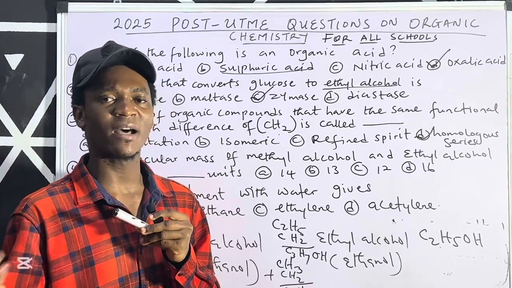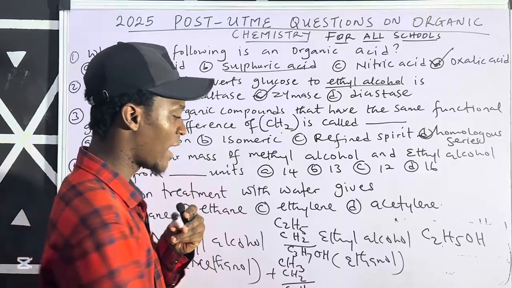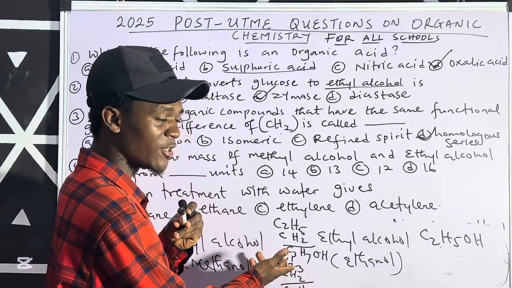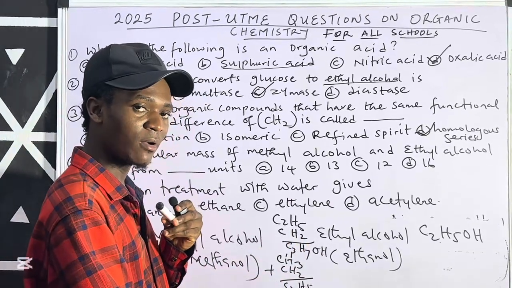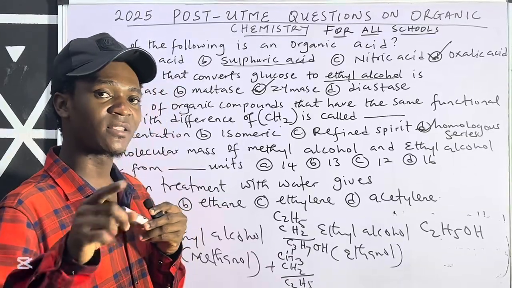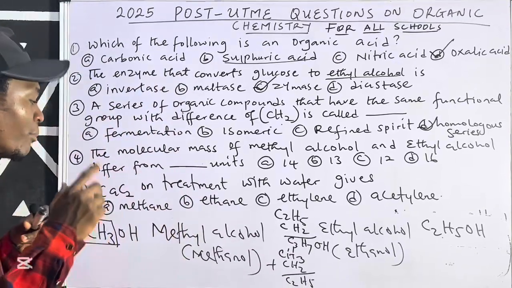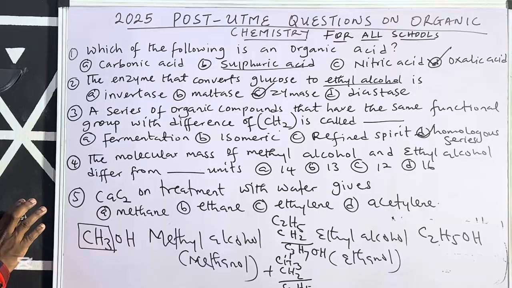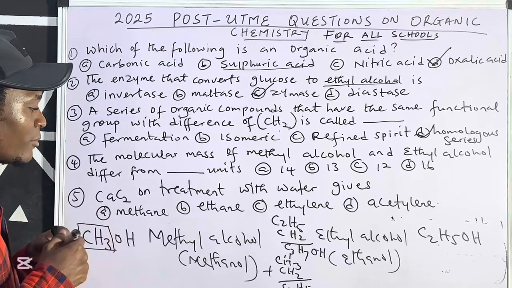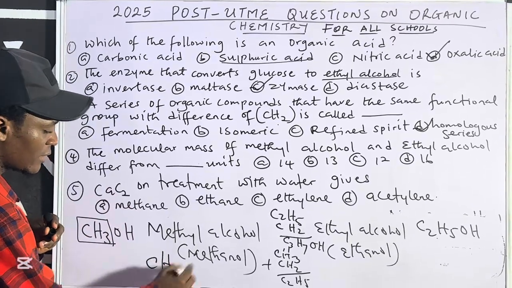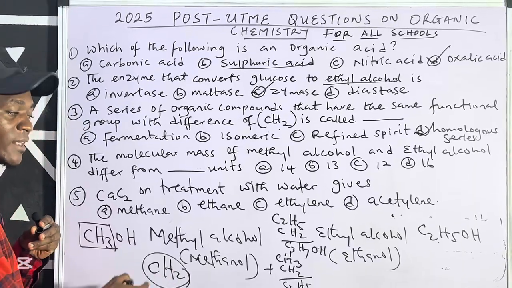Then what about butyl alcohol, also known as butanol? I will still increase this guy by what? CH2. That should give me C4H9OH as the formula of butanol or butyl alcohol. So what distinguishes their formula is CH2. And if it is CH2, what is now the unit?